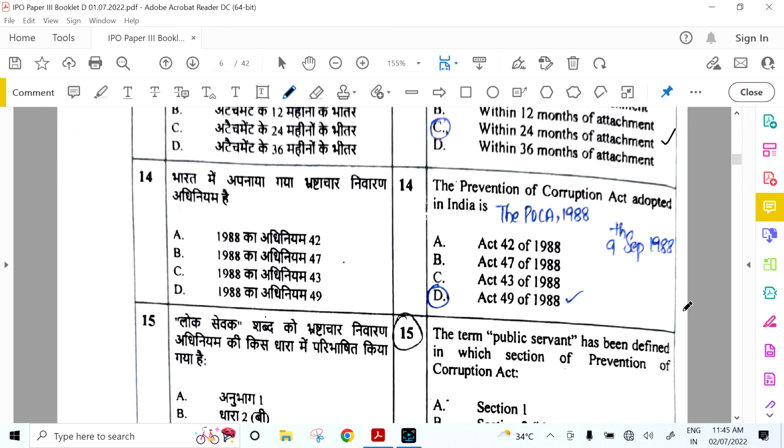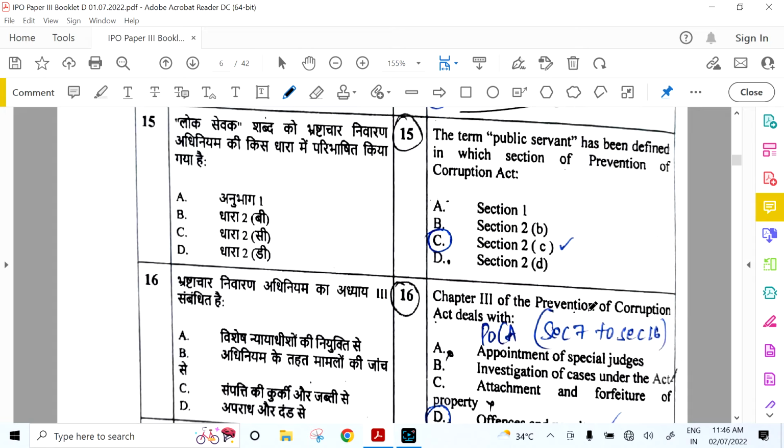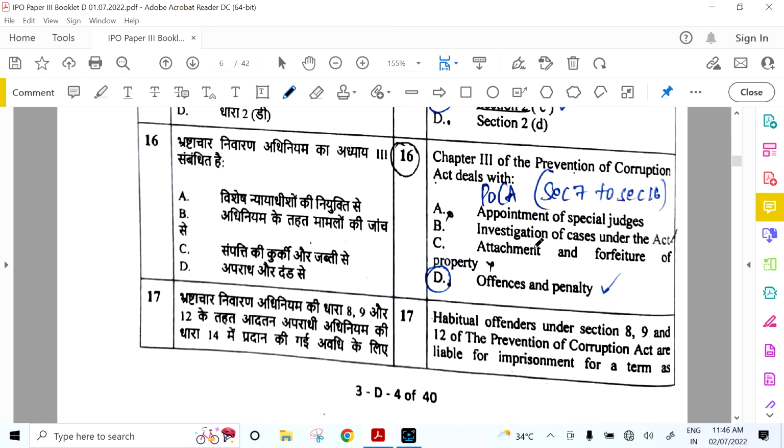Next, the Prevention of Corruption Act adopted in India is Act 49 of 1988. The term public servant has been defined in which section of the Prevention of Corruption Act? It is Section 2C. The answer is C. Next, Chapter 3 of the Prevention of Corruption Act deals, under Section 7 to Section 16, with offences and penalty.